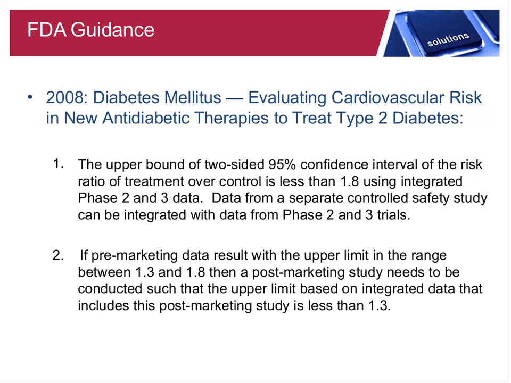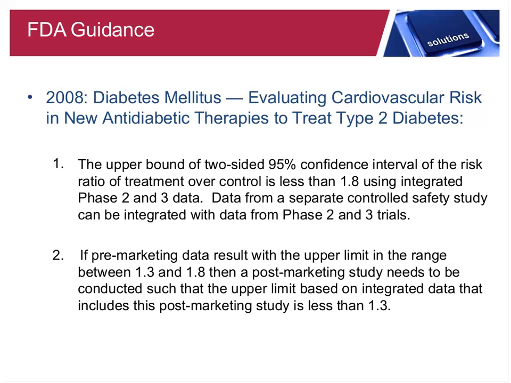Two key requirements, written in somewhat statistical language, are that the upper bound of the two-sided 95% confidence interval of the risk ratio of treatment over control has to be less than 1.8 in order for a drug to satisfy the requirements to get approved by the FDA.